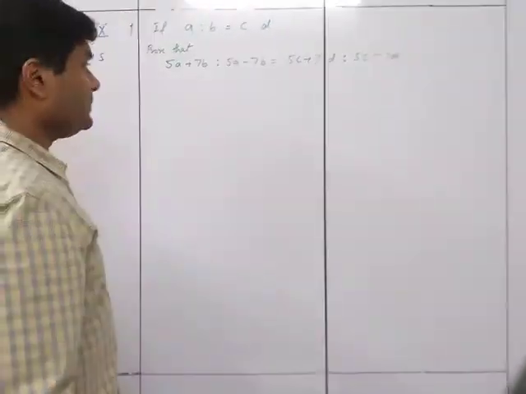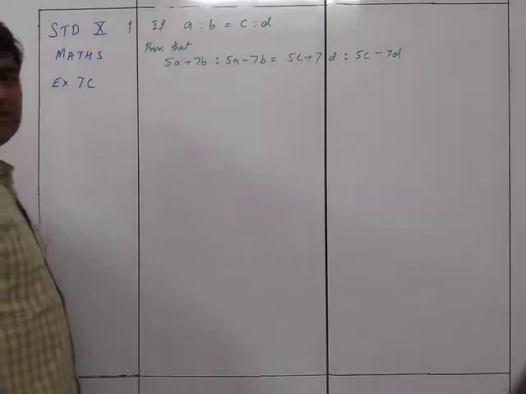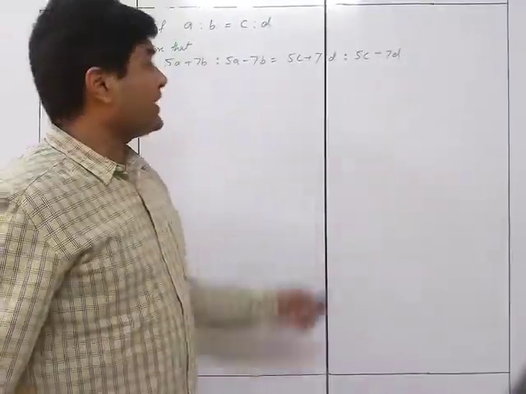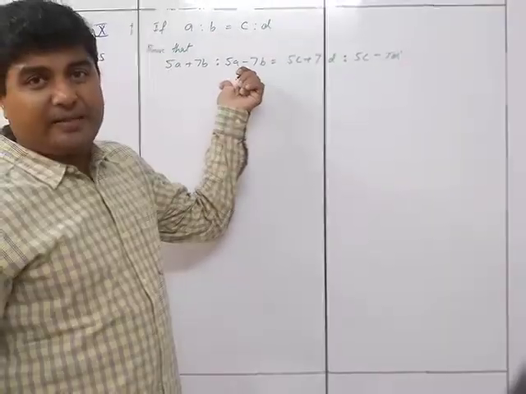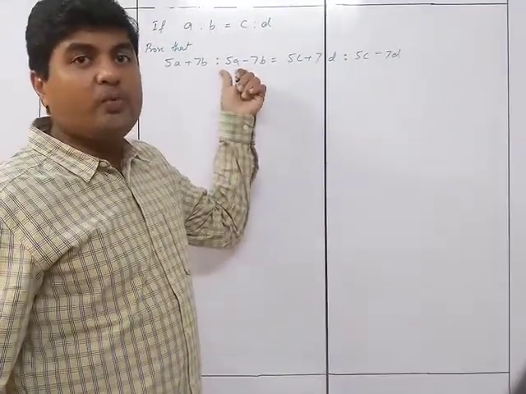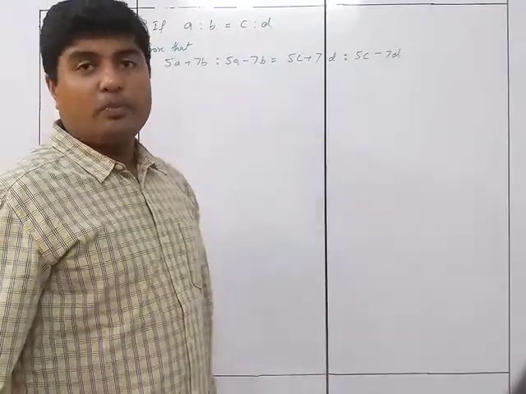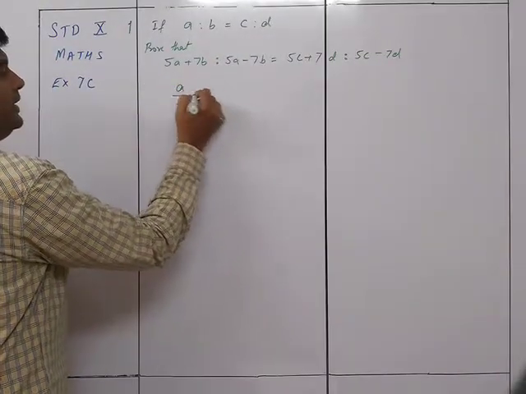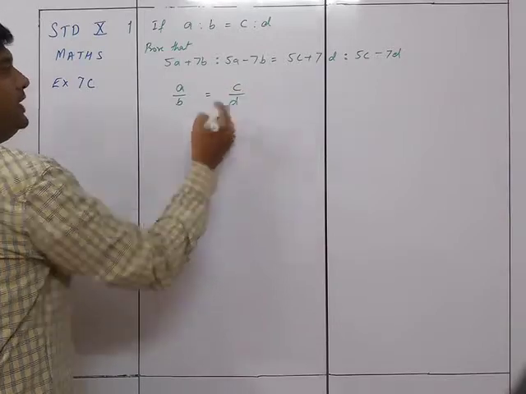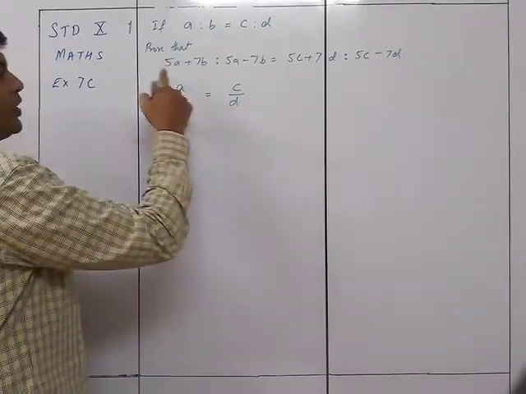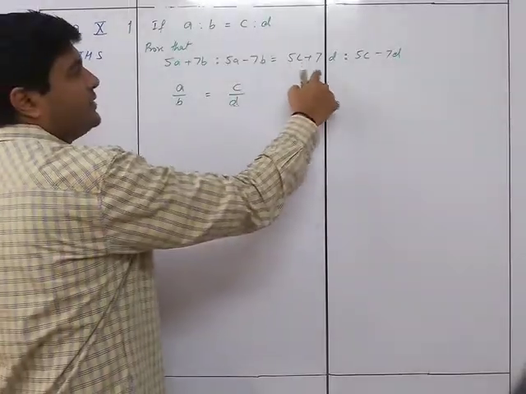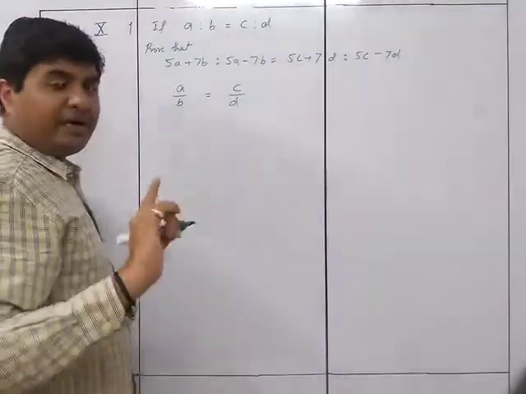Because it is the first question of componendo dividendo in this exercise, of course I can do this much more easily with the K method, but I will also show you how we can do the same sum by componendo dividendo. So I know that A upon B is equal to C upon D. I am able to use this method only because there are the same numbers, 5 and 7, everywhere.